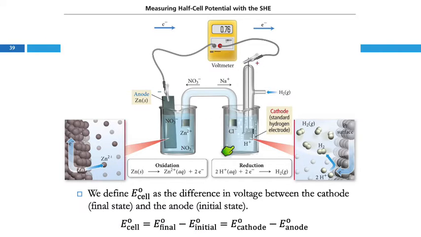So it's going to be the potential of the cathode half reaction minus the potential of the anode half reaction. That's what I meant to say.